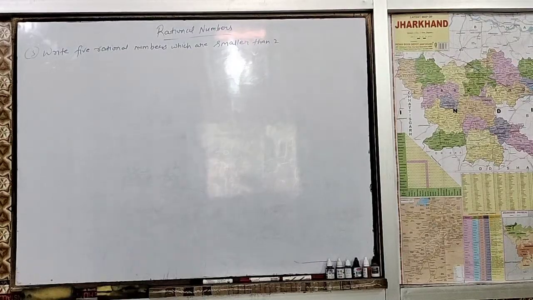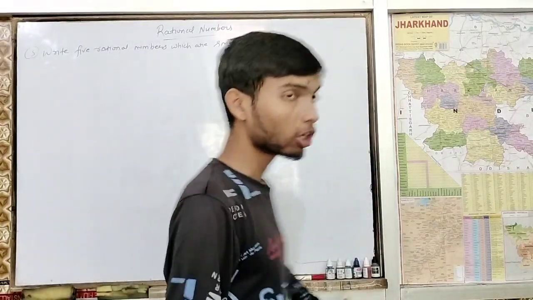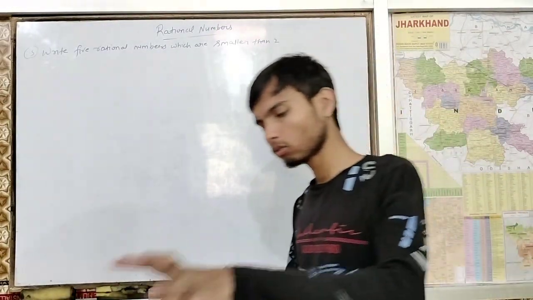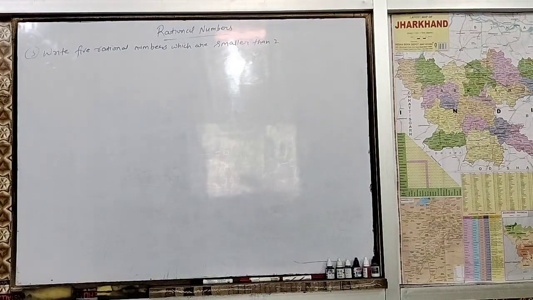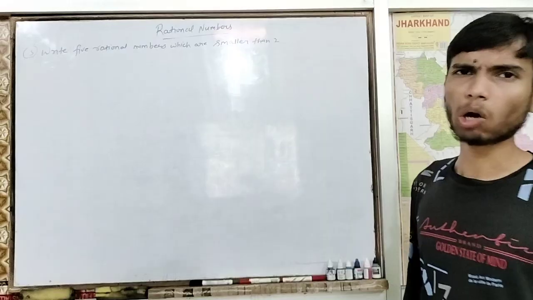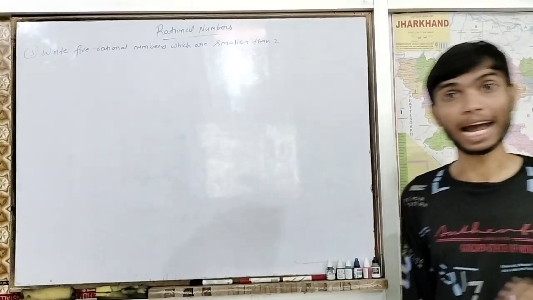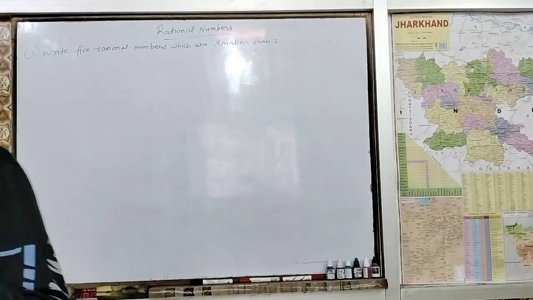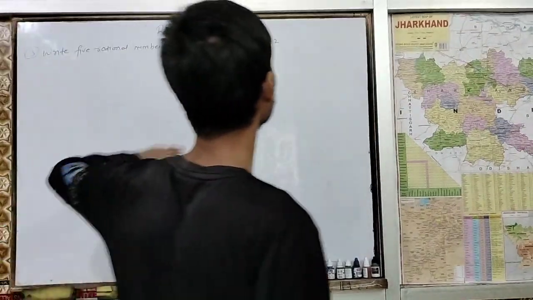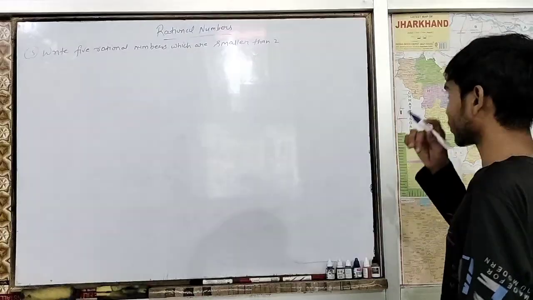We don't need to solve this yet. It is telling me to write 5 rational numbers, not integers, which look like a fraction. Yes, it is the exact fraction, but not a mixed fraction. Write 5 rational numbers which should be smaller than 2. We know 2 is an integer, and we will have to convert this 2 into a rational number.